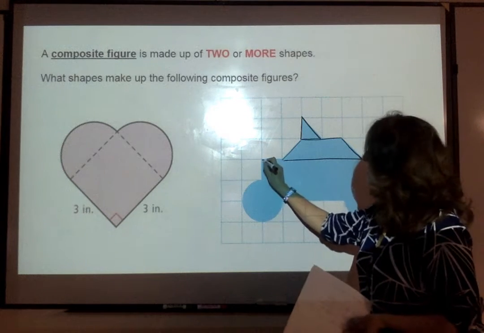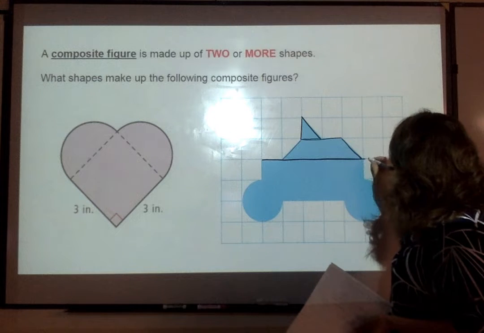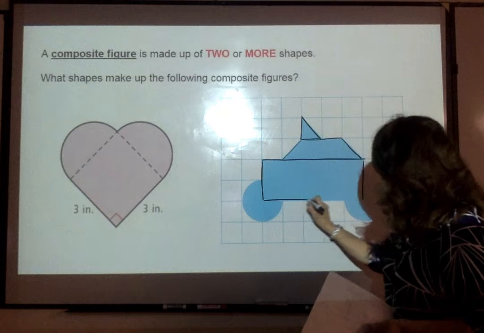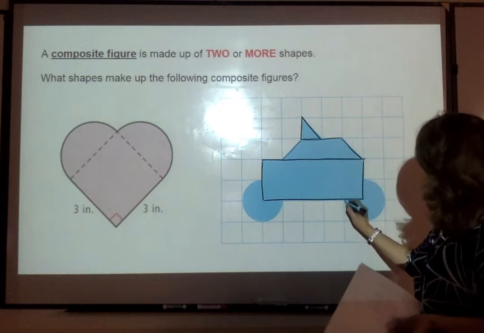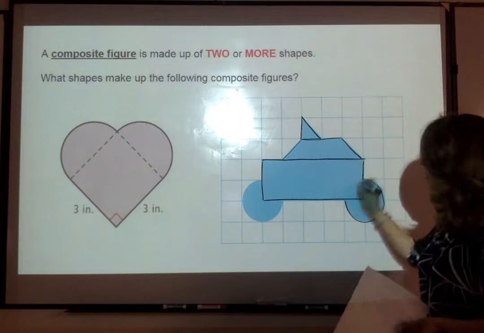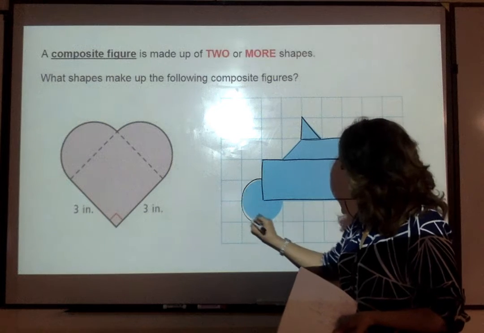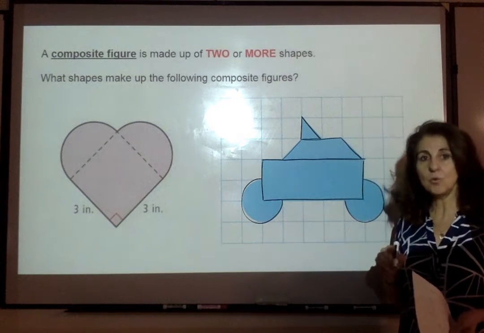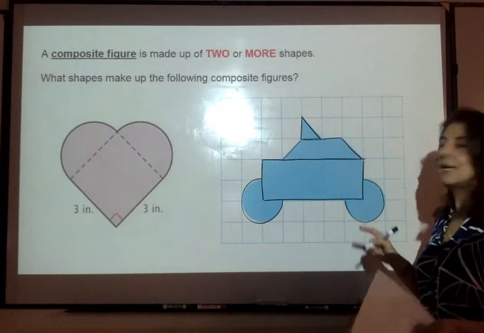And then there is a rectangle right here. And look, circle and circle.